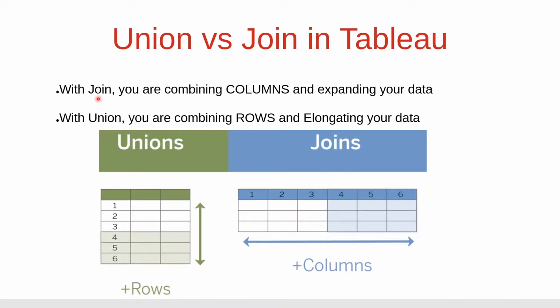With join, you are combining columns and you are expanding your data. But with union, you are combining rows and elongating your data. So when you union two data frames, you are making it longer. But when you join two data frames, you are making it wider.